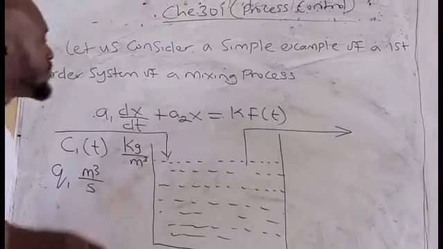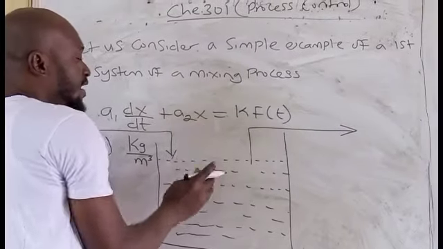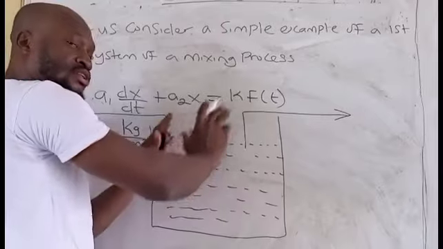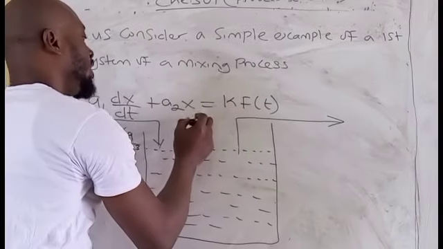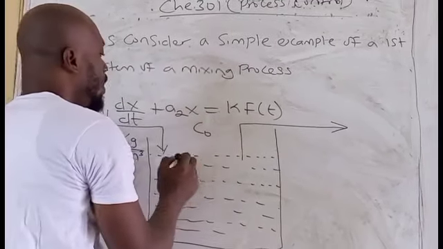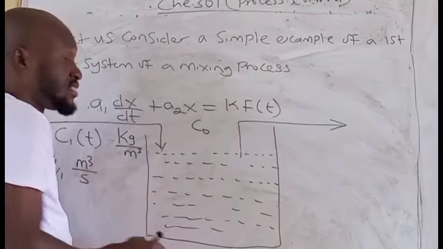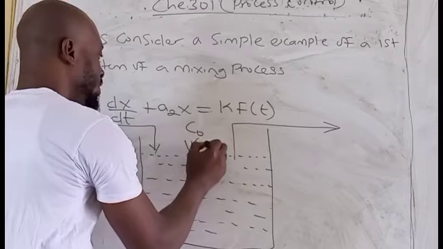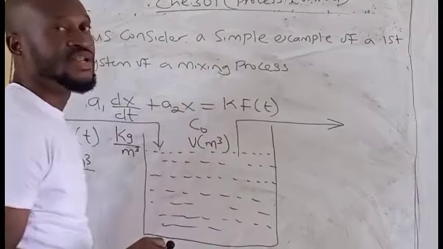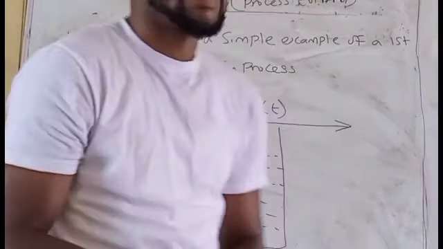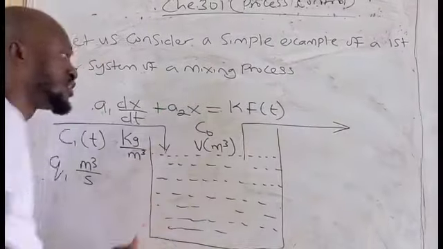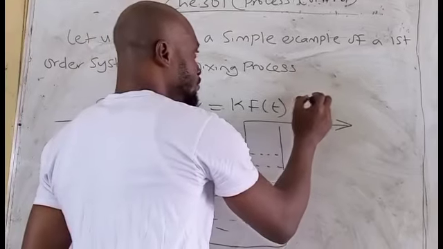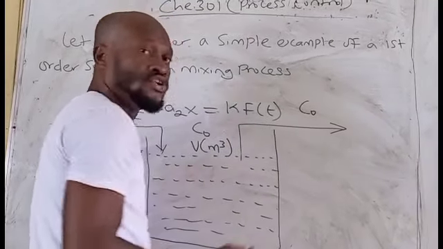So now, let's say that the density of this tank that contains the dissolved salt is C naught, and the volume of this tank is V meter cube. V represents the volume of the tank. So this C naught is still our density, so it still maintains the same density, which is C naught.